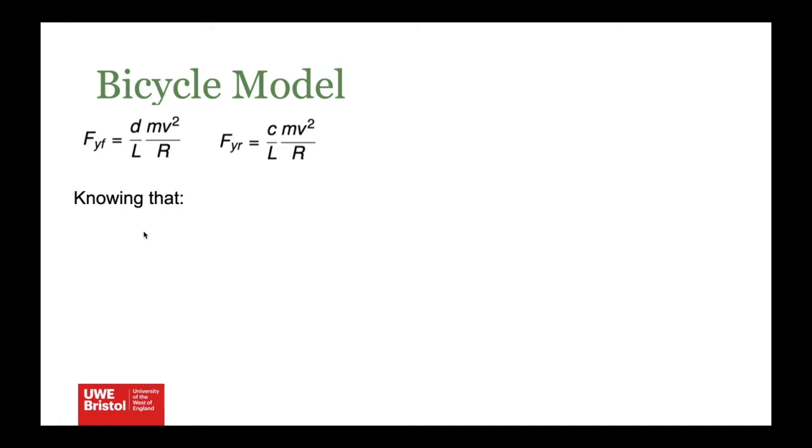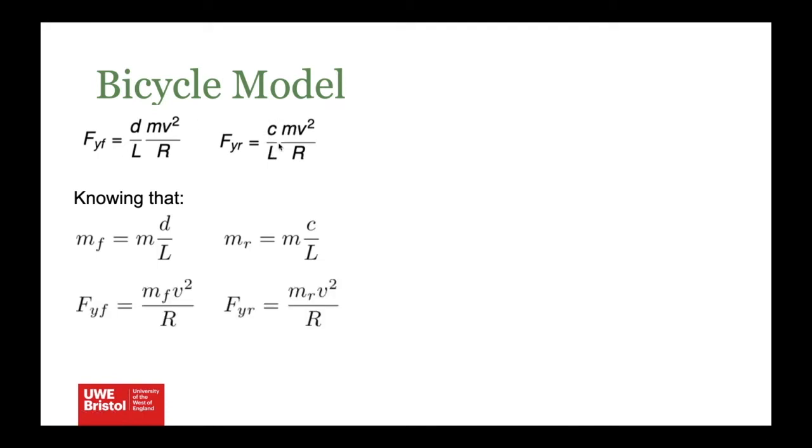So FYF and FYR, and we know that the front mass is MD upon L. The rear mass is MC upon L. So again, distributing the front and rear, you can see we've got MD upon L here and MC upon L here, so we can replace those things with MF and MR. And we also know, so this is where that 2 comes in, that the lateral force generated at the front and the rear axle is dependent on the slip angle and the cornering coefficient.